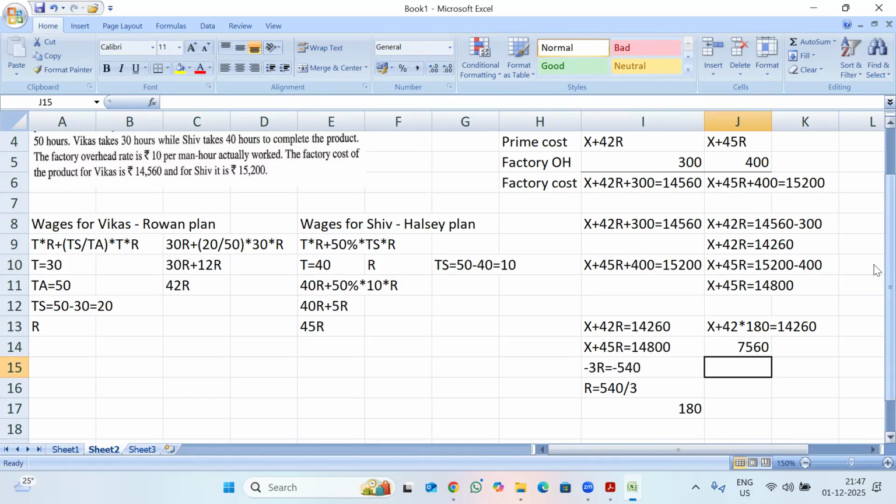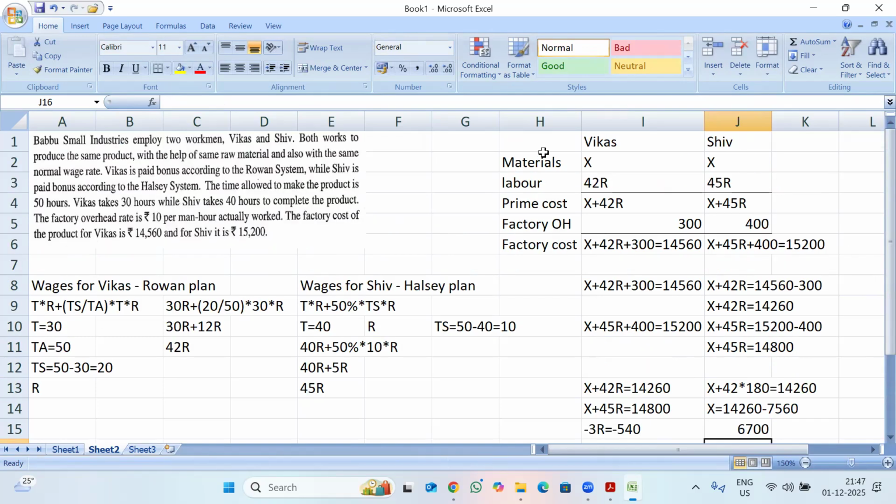So X is equal to 14,260 minus 7,560. That means X is 6,700. So my material price is 6,700.